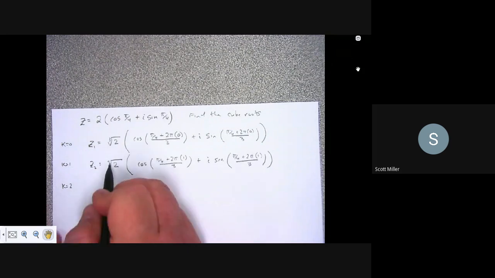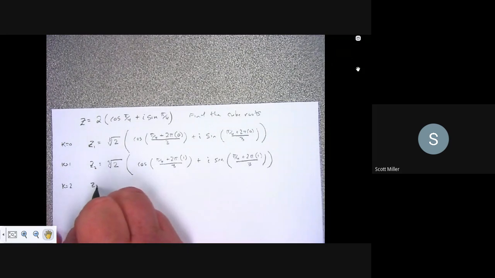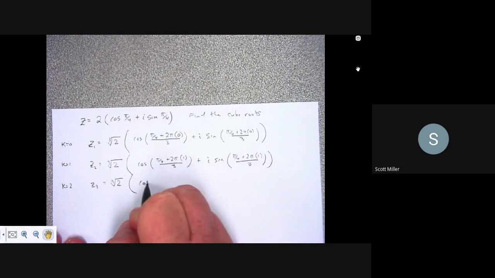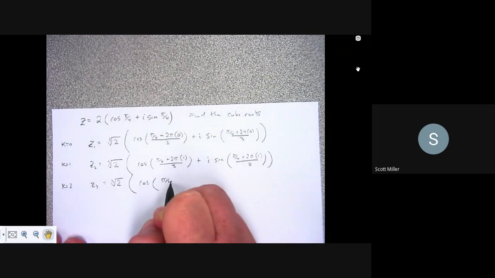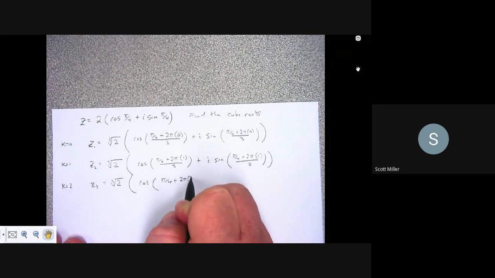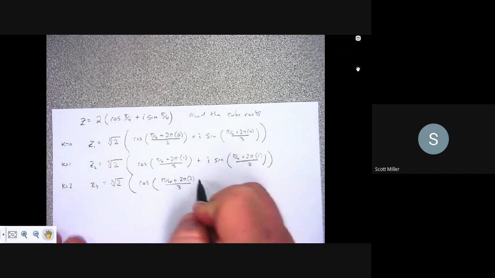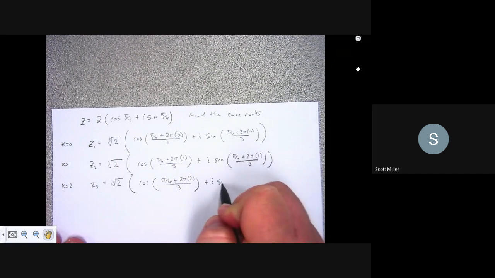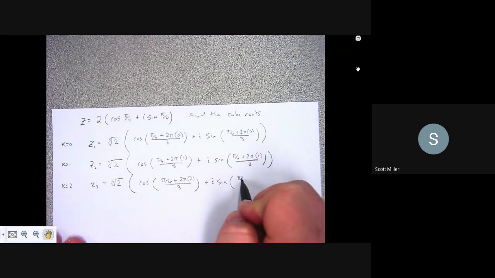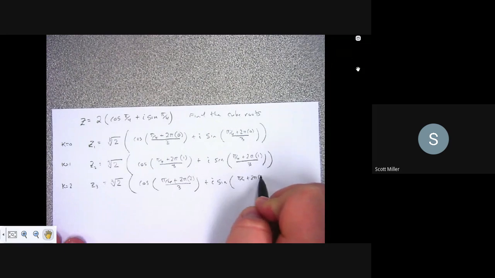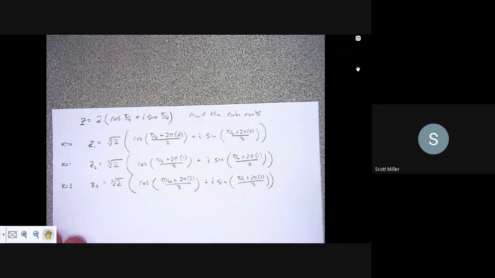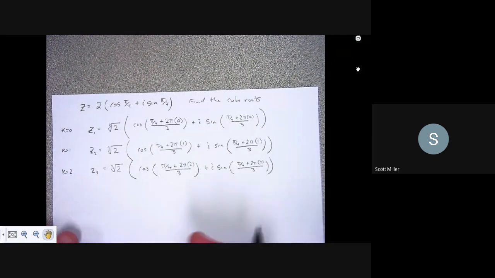See, 1 less than the index. So once you have the formula done, now you have to go back, take all 3 of these, and simplify them out.